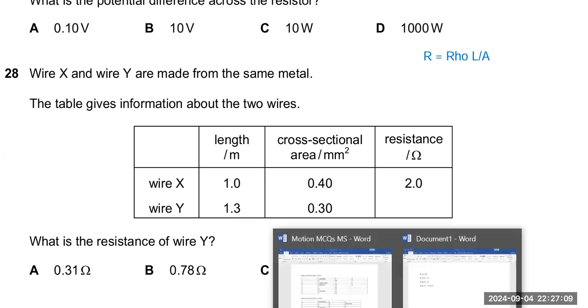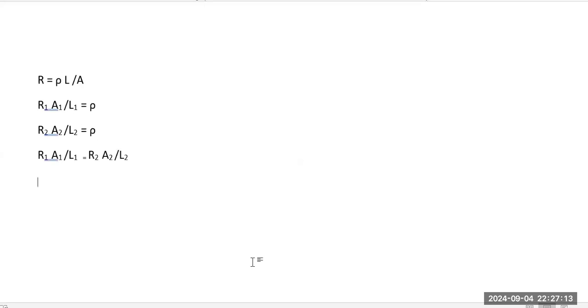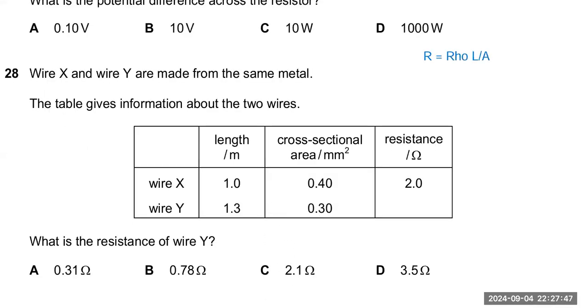So the resistance 2, multiplied by cross sectional area 0.4 and divided by length 1, is equal to R2 multiplied by the area of the second wire, which is given here, 0.3, and length is 1.3.